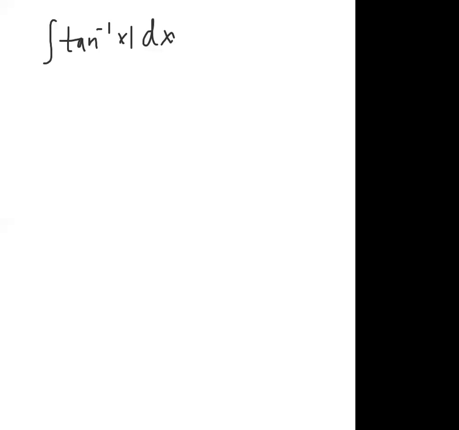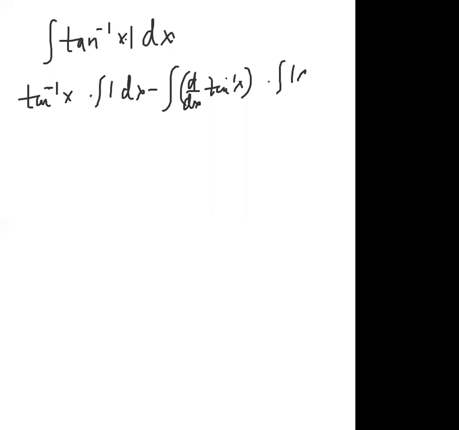In the beginning only I'm applying by parts. So first function tan inverse x into integral of 1 dx, minus integral of the differentiation of the first function tan inverse x. Always keep in mind, the first function should be the one whose differentiation we could do very easily, into integral of 1 dx.